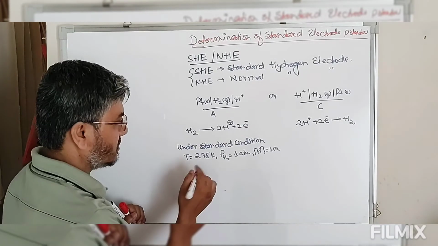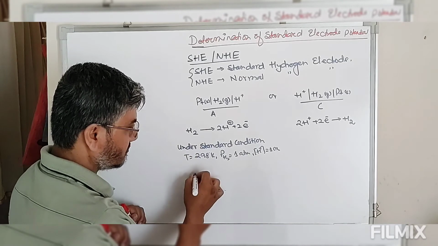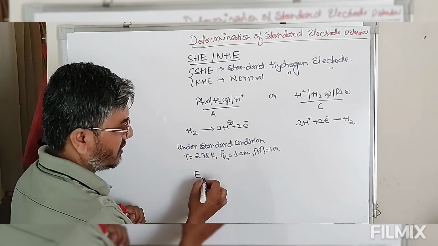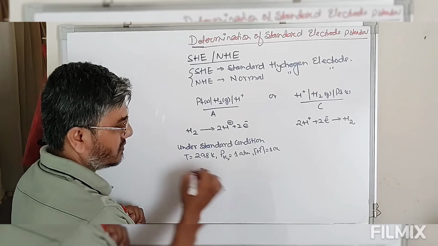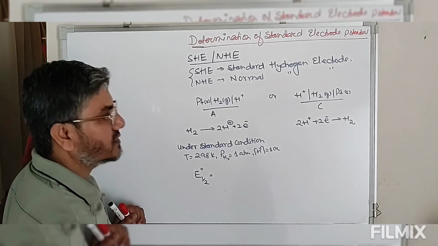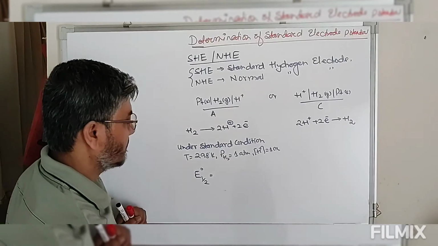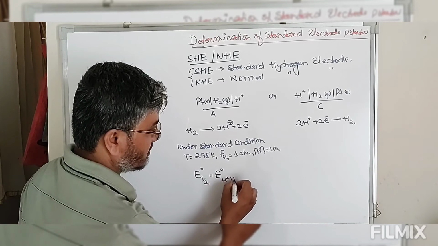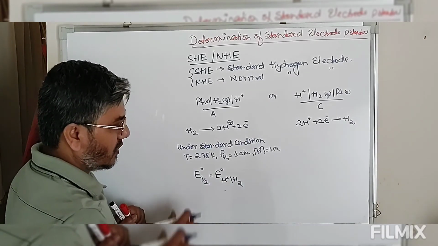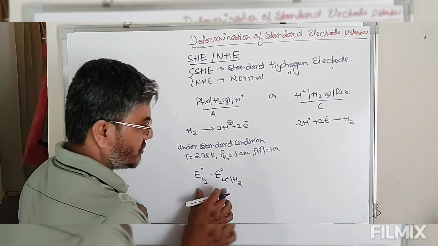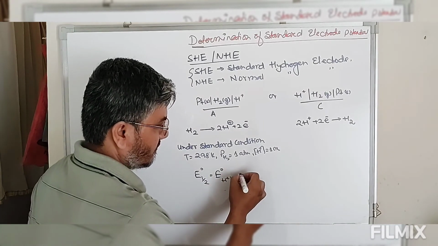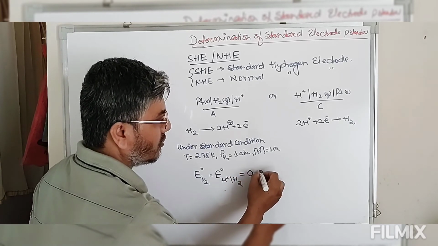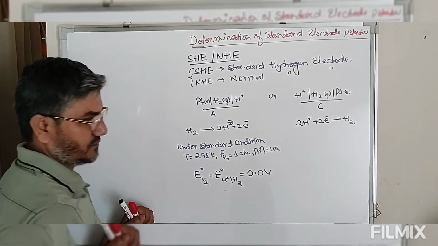So under this condition, the potential E naught half cell, this reduction potential, is equal to E naught H plus to H2.